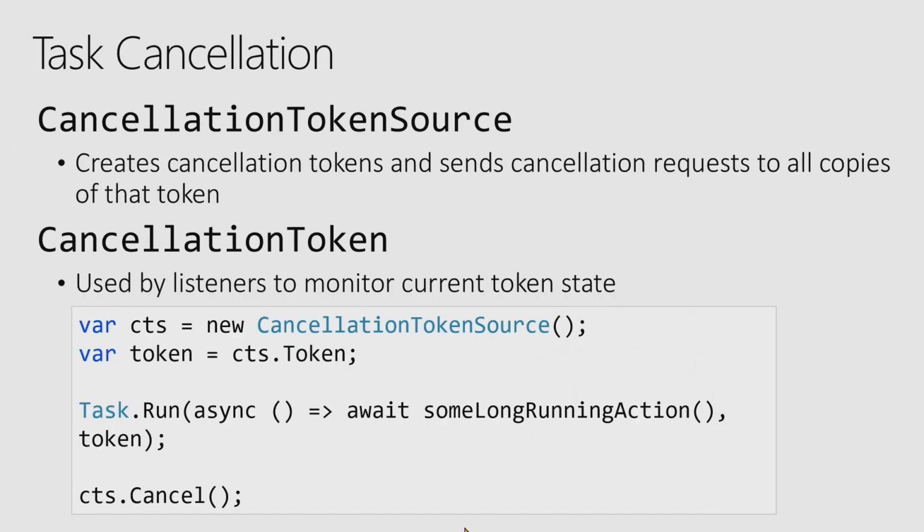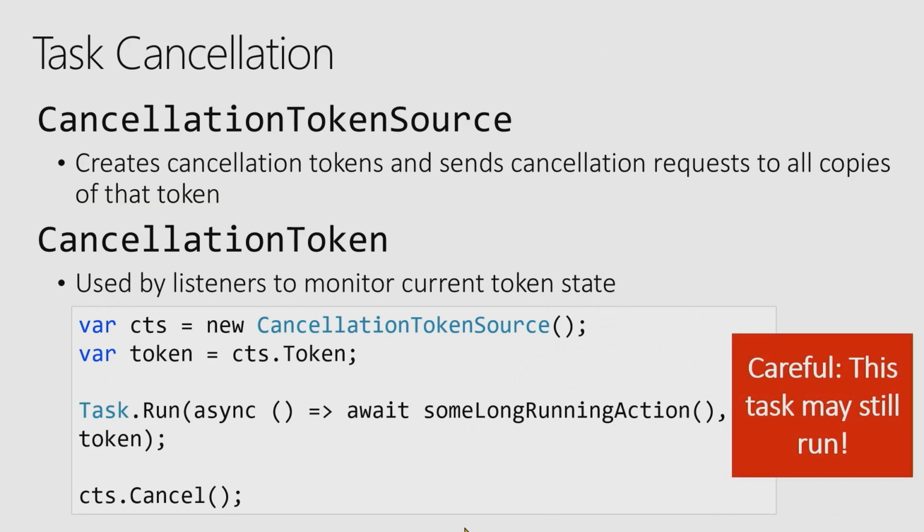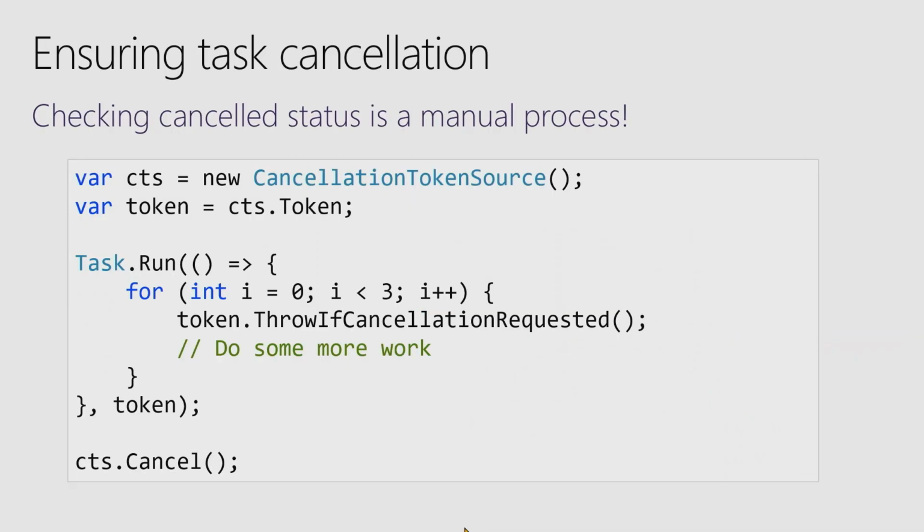Another small example here: cancellation tokens. Who doesn't want to use them? Everybody wants to use them. So please make sure you're using them, but like I said, use them correctly. What you see in this code snippet over here is a cancellation token, but when you set it up in Task.Run with this syntax, it only checks if the token has been canceled at the start of the task, so this task may actually still continue to run.